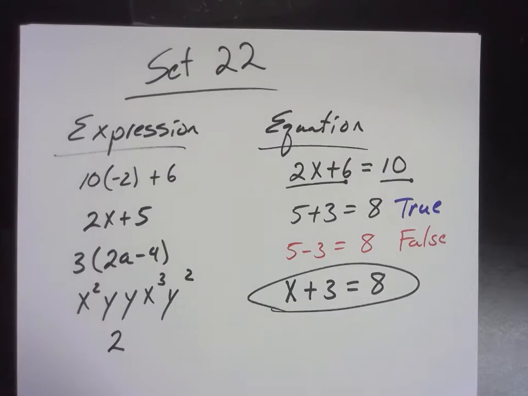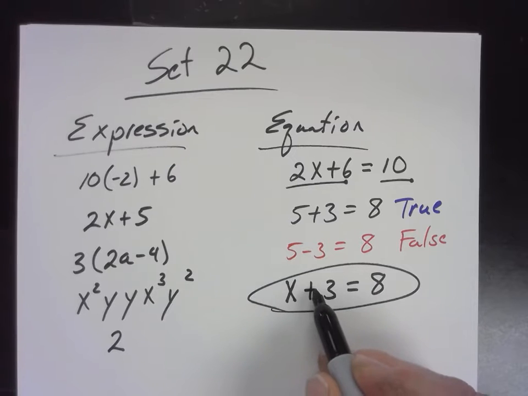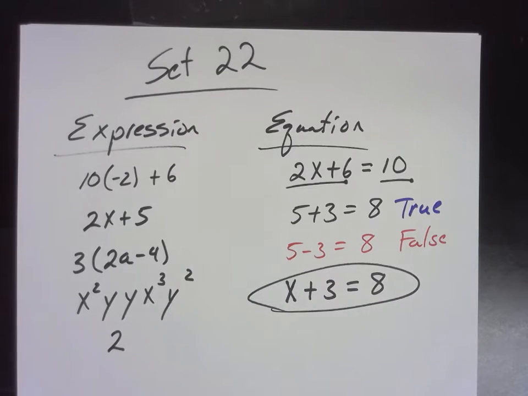If x is a 5, then is the equation true? Yes. Yeah. 5 is the root of the equation. It's the number that makes it true. Okay? But in reality, x can be any number. So this is what we call a conditional equation.